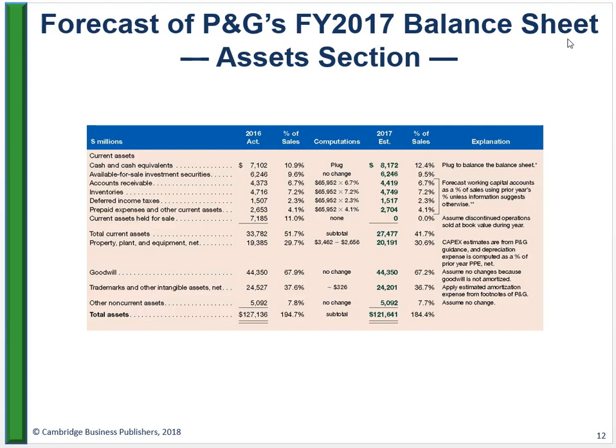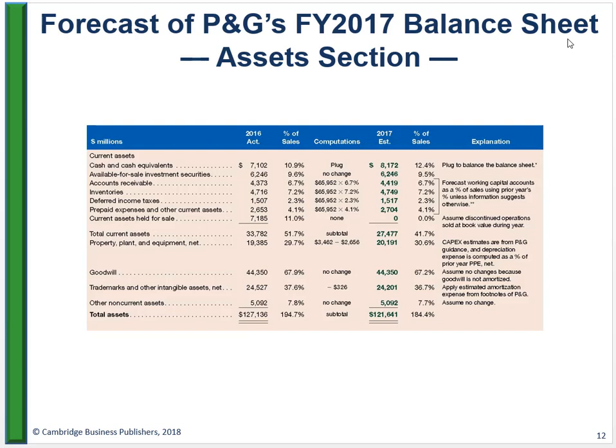And the analyst in this case has kept that same general framework in place for Procter & Gamble here all the way down to current assets held for sale. Then you can see the explanation there is to forecast working capital accounts as a percentage of sales using the prior year percentage unless information were to suggest otherwise.